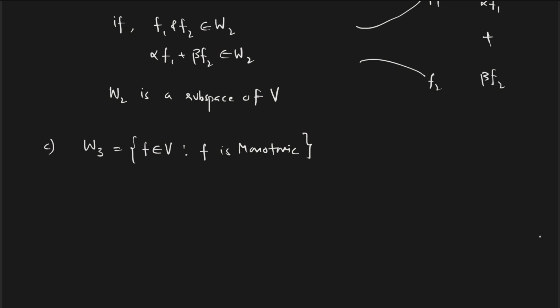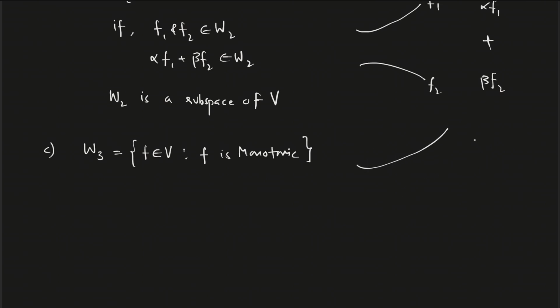They are just saying that f is monotonic. So it can contain a monotonically increasing function, and it can also contain a monotonically decreasing function. So this f1, a monotonically increasing function, belongs to W3, and this f2, a monotonically decreasing function, also belongs to W3. So W3 contains both monotonically increasing and decreasing functions.